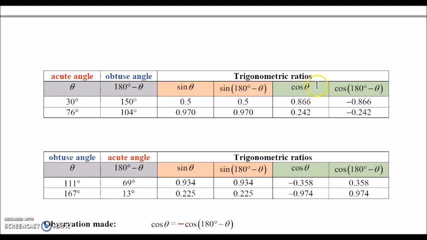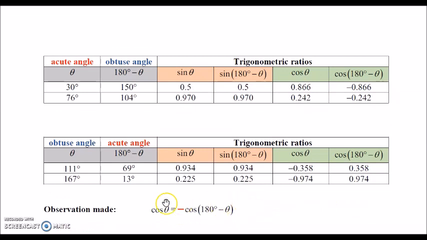The cosine theta will always be the negative of cosine 180 degrees minus theta. So they are always the negative of each other. This is the relationship and the observation that we have made. Just to highlight, cosine theta is the negative of cosine 180 degrees minus theta.